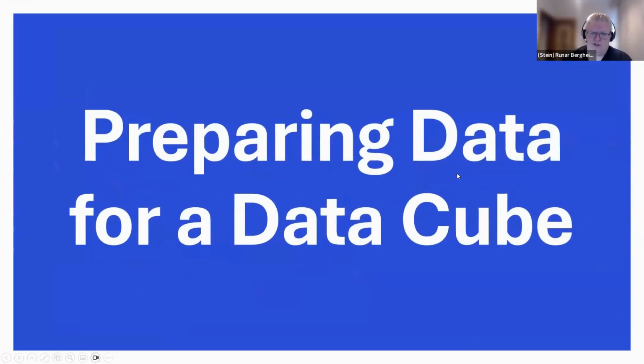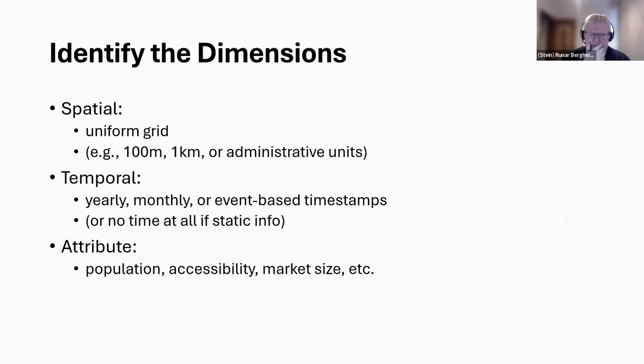To prepare data for a data cube, fairly easy. We need to have spatial data, and they need to be gridded. We don't need temporal data. In the case of terrain, for example, it changes very little. So, okay, it can be a point in time, but if we plan to combine data together into a cube, we need to have a temporal scale that is compatible.